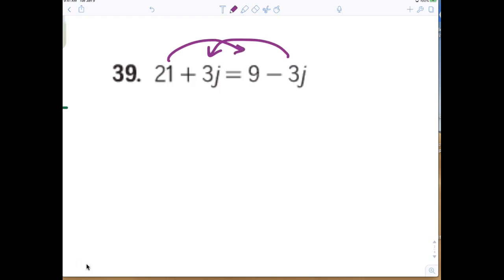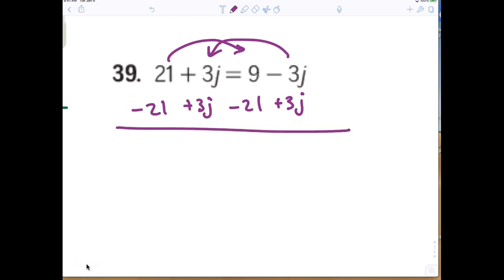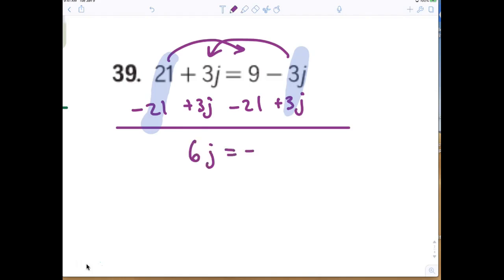So this would be plus 3j, minus 21, minus 21. The reason we do that is because those cancel and those cancel. What's 3j and 3j? 6j. 9 minus 21 is negative 12.